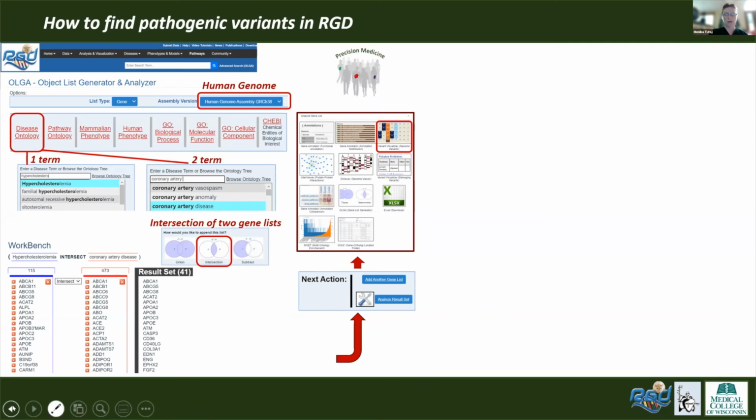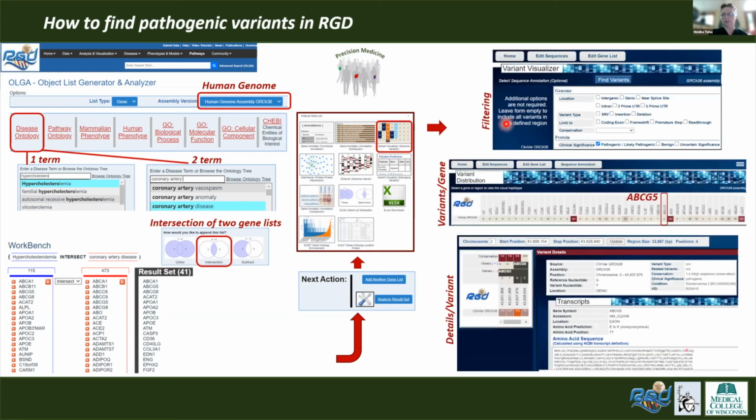And you can also play with chemicals if you're interested in some pharmacology studies. So these 41 genes you can next put into one of our toolkit tools, and I choose the Variant Visualizer. By filtering through different criteria, like location in a gene or clinical significance, you can select, and this is for human, of course.